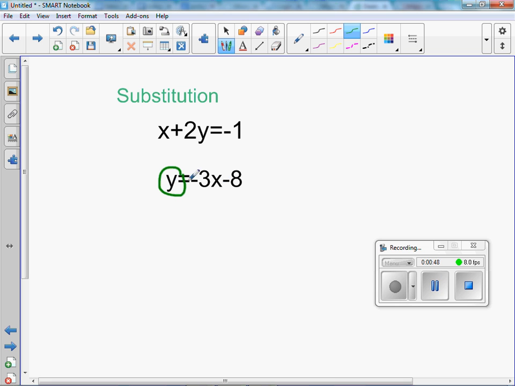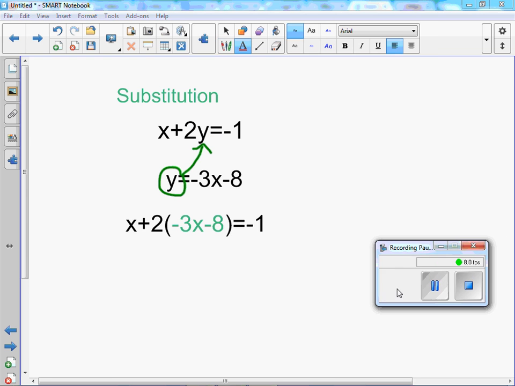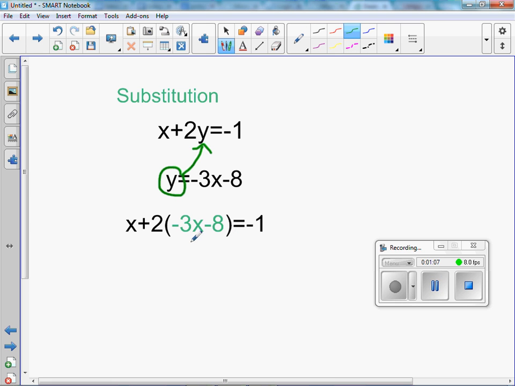One of the equations has the variable isolated, so you can substitute it in for the y right here. Instead of writing the y, I'm writing the expression that represents the y in the second equation.